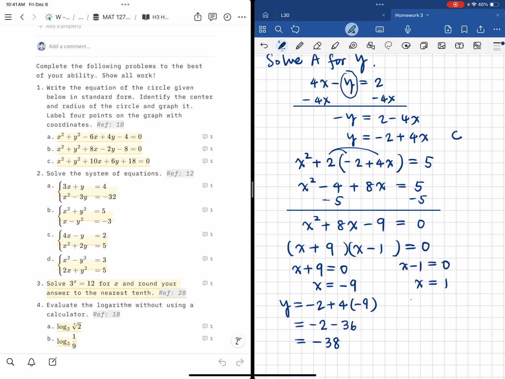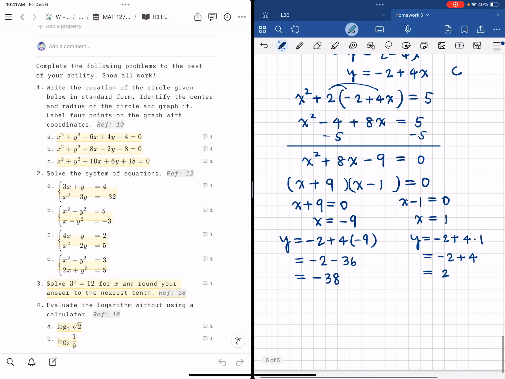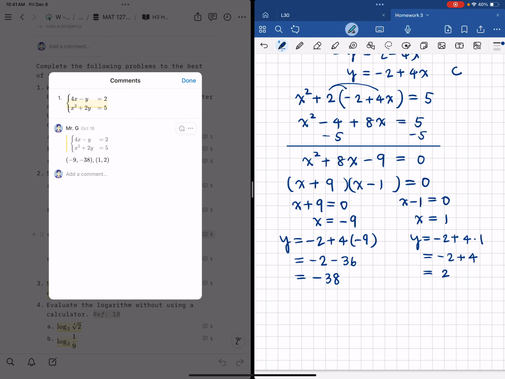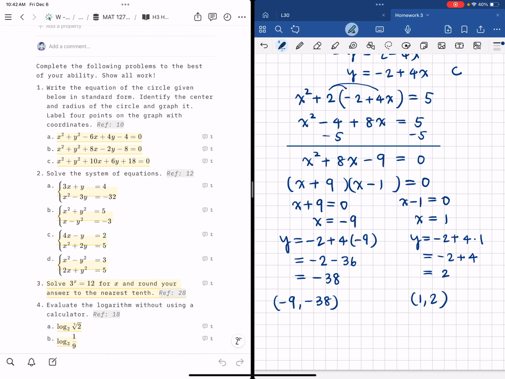When x is 1, y equals negative 2 plus 4 times 1, which is negative 2 plus 4, and that's positive 2. So the two solutions, before I write it down, let's just check, see if it's right. Negative 9, negative 38, yeah, that's right. And then the second point is 1, 2. Okay, and that's part C.